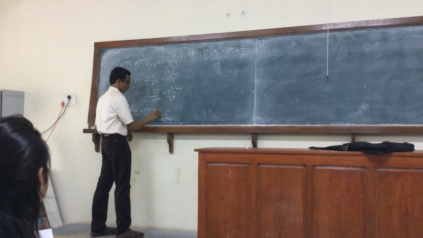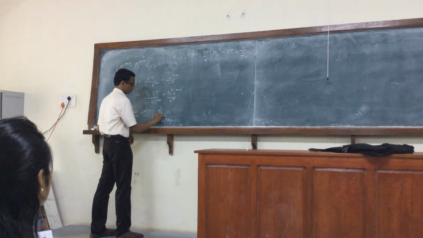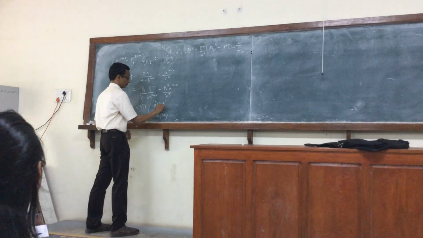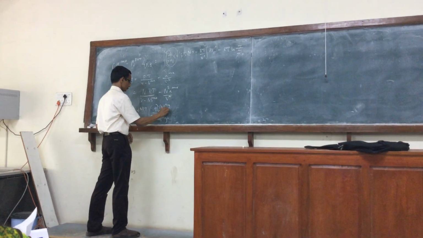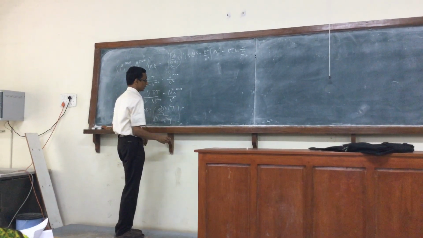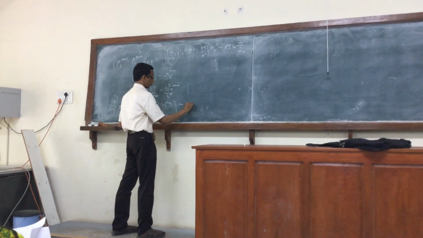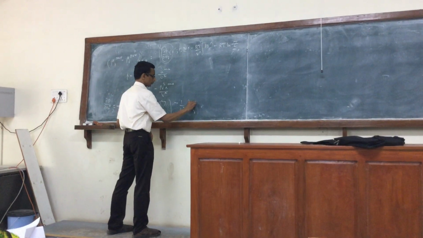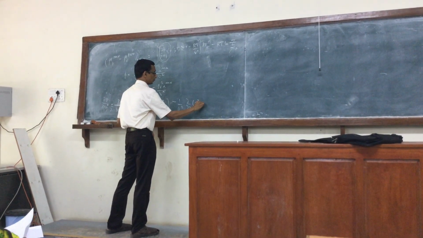So that minus sign would cancel with this. And then I have minus 1 over V square d by d Ni of N square A mix.